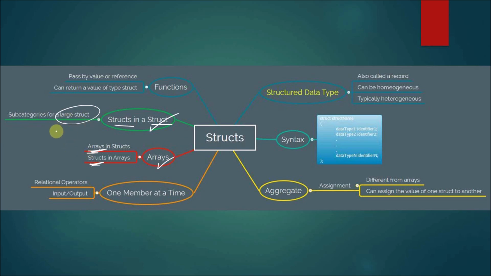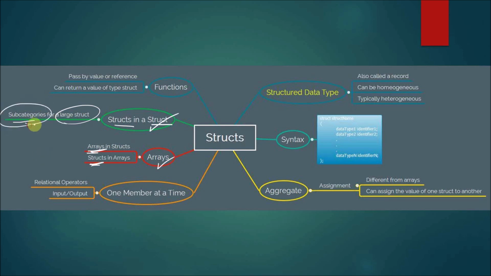You can break it down into subcategories, since some members may be accessed more frequently, some members may be closely related, or some members will have the same underlying structure such as int or char.